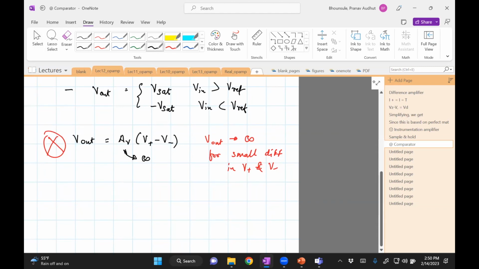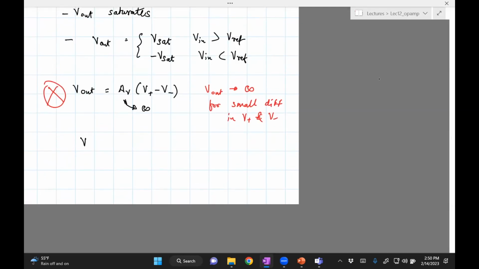What you see for the comparator is that V out will typically be 15 minus 1.4, which is 13.6, if V in is greater than V ref. It looks somewhat like a drop in an LED.